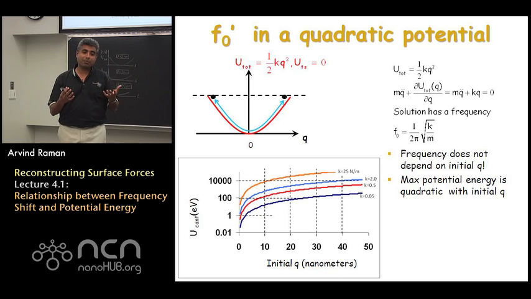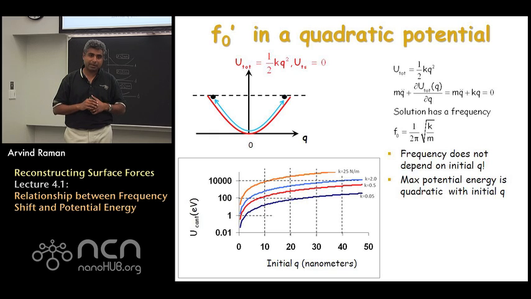In effect, what's happening is the total energy of this oscillator is decided by the initial height that you give to this ball, because when you release the ball, the kinetic energy is going to be 0. By the time it reaches the bottom of the well, all the potential energy got converted to kinetic energy, and then it keeps rolling back up to the same height, converting all the kinetic energy once more into potential energy, and the process keeps repeating itself.